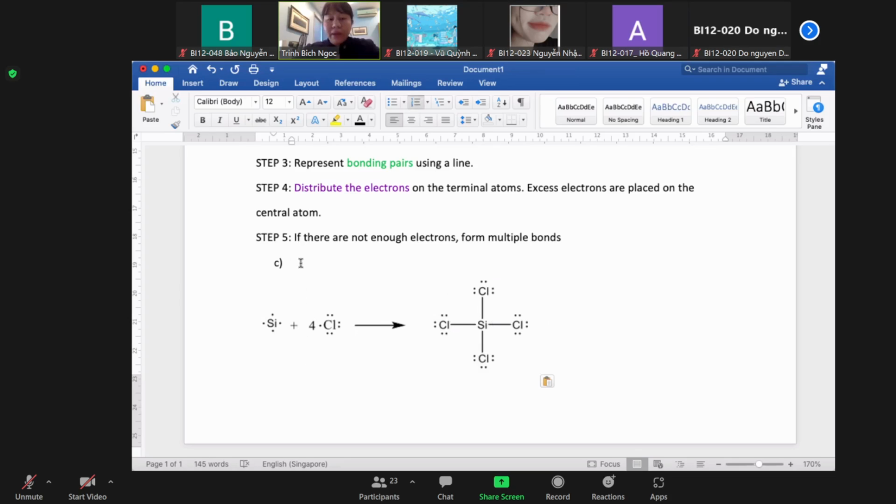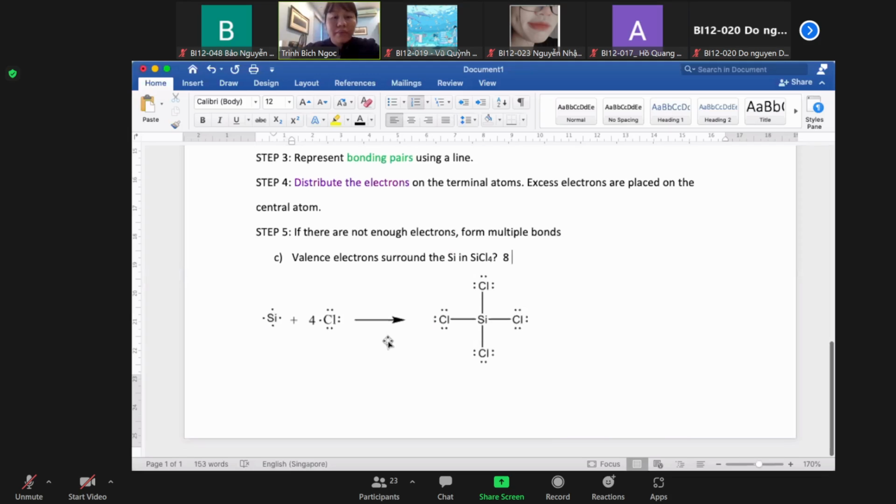How many valence electrons surround the silicon in silicon chloride? It will be 1, 2, 3, 4, 5, 6, 7, 8. 8.